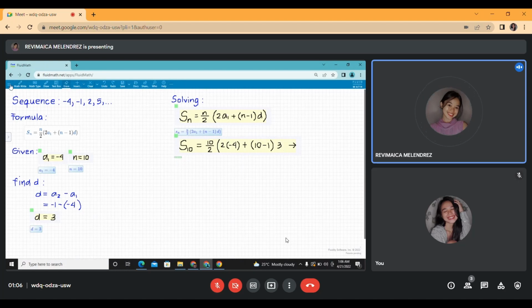Let's change this first, it should be a close parenthesis. So as you can see, it shows that the sum of the 10th term is 95.